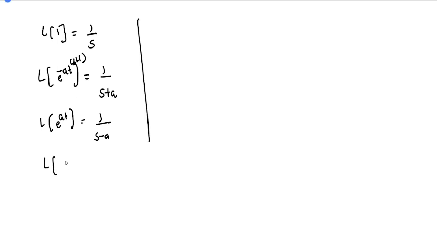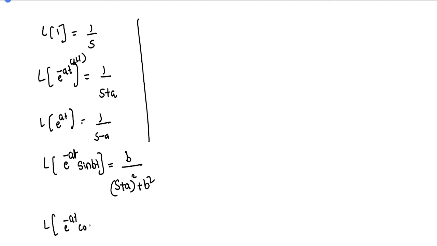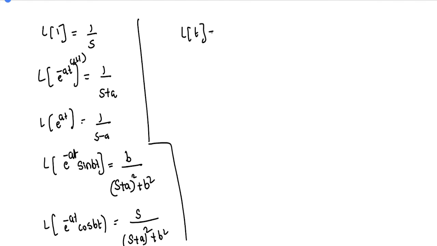The Laplace transform of e power minus at sin bt is b by s plus a whole square plus b square, and the Laplace transform of e power minus at cos bt is s divided by s plus a whole square plus b square, and the Laplace transform of t is equal to 1 by s square.